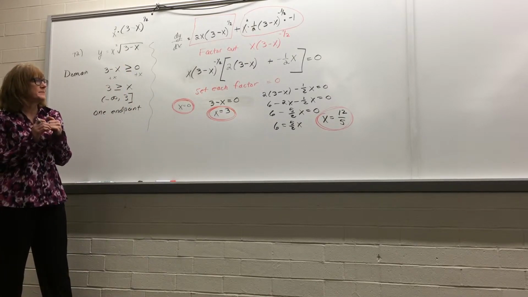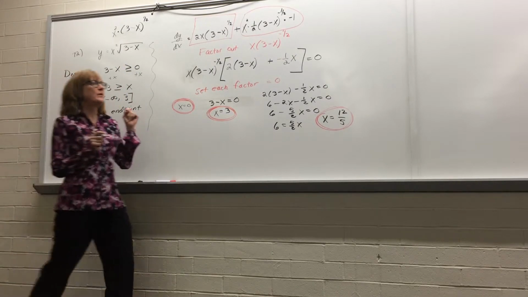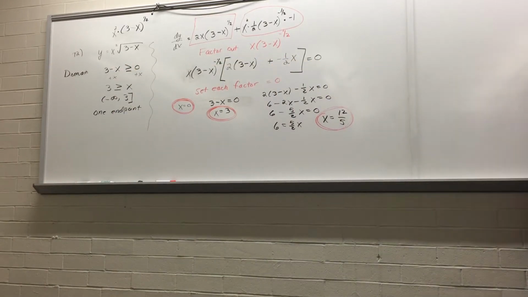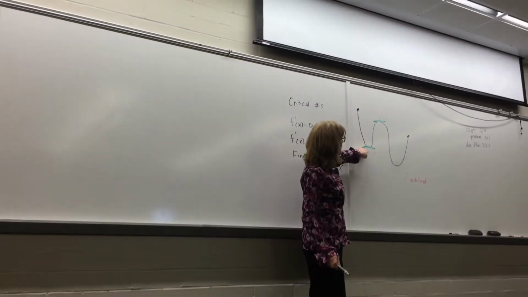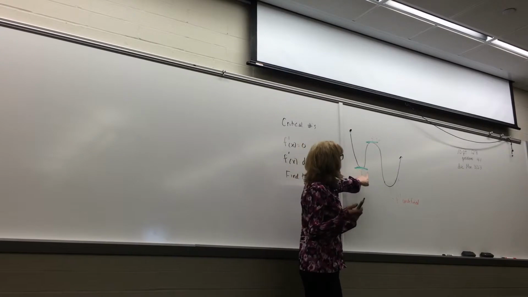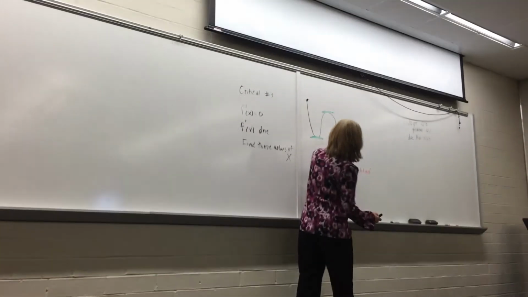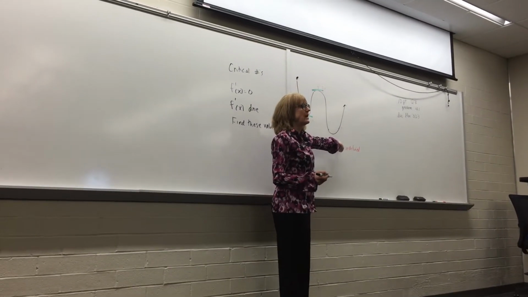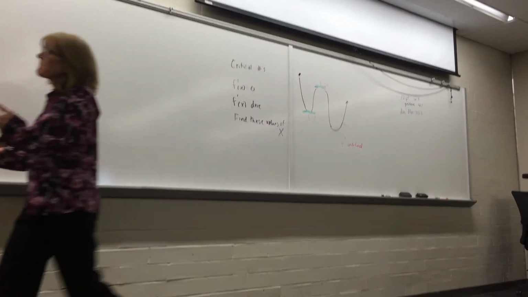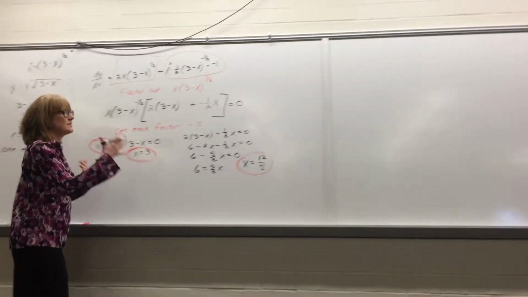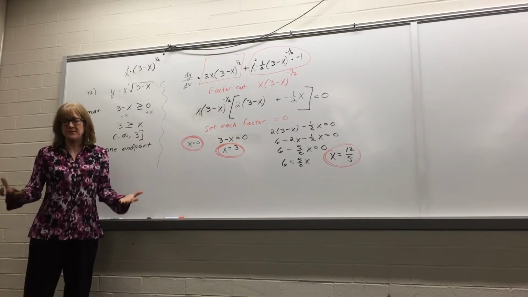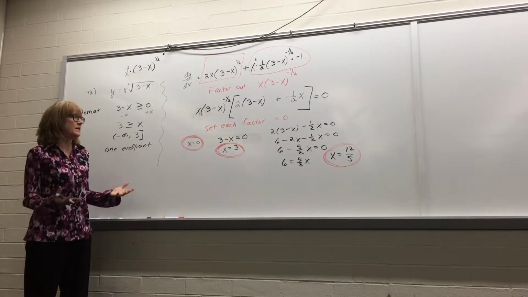What else do I want to say? Oh, the part over here, back to this. We always say find where the derivative is equal to 0, and also find where the derivative is undefined. That's sort of built into this process, even though I didn't specifically say anything about it being undefined.